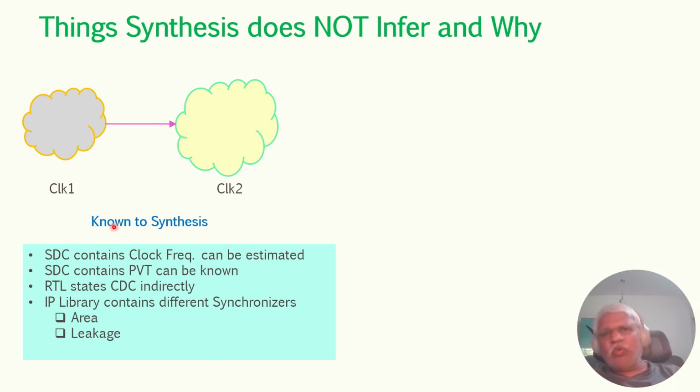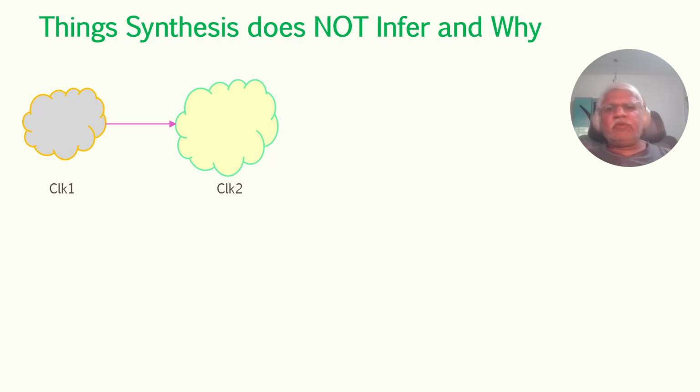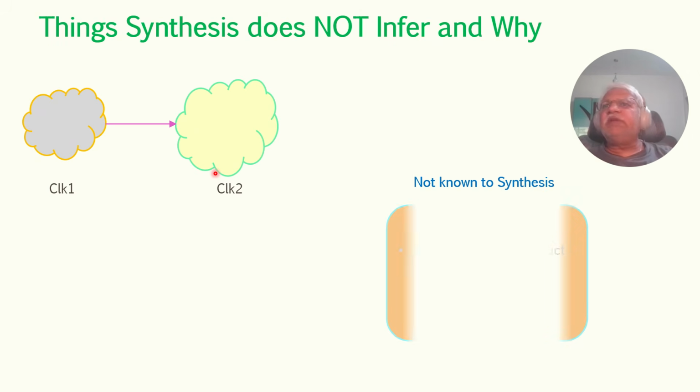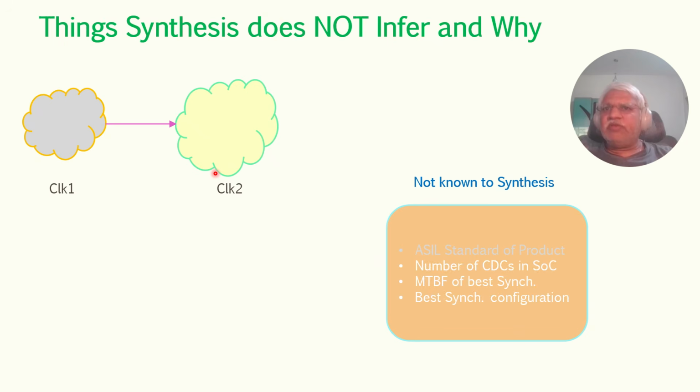To go into that, we will look in the other slides. If you see the clock domain crossing information, the synthesis tool does not know a few things. We will come to the ASIL in the next slide.